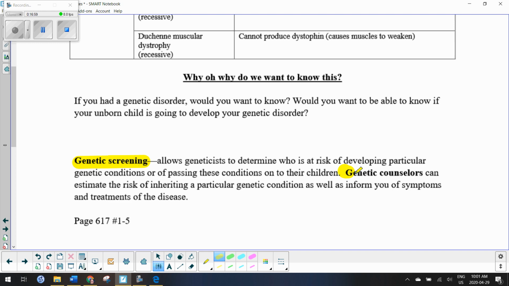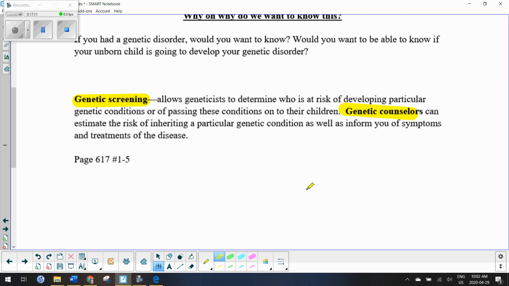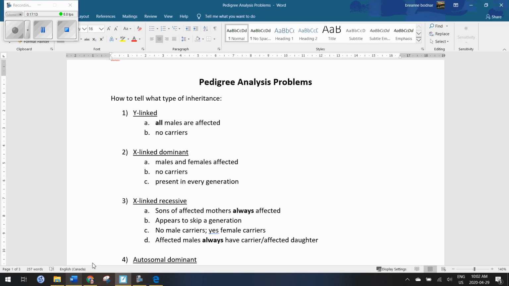Genetic counselors can estimate the risk of inheriting a particular genetic condition and can inform you of those symptoms or treatments for certain diseases. Okay, I am going to also post the pedigree analysis problems.